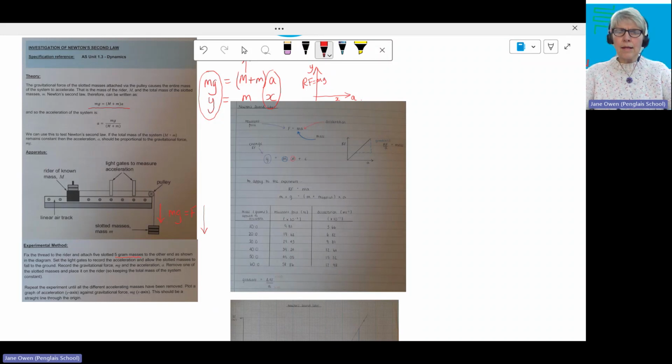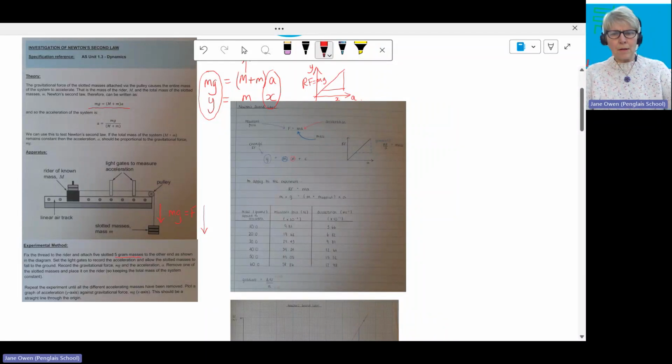Now, in theory, there's no plus c, there's no y-intercept, but we don't need to force it through the origin or anything. Just be aware that it should be close to the origin and that c, the y-intercept, will be close to 0.